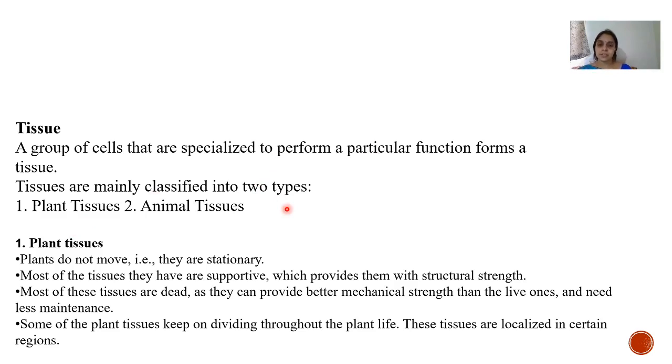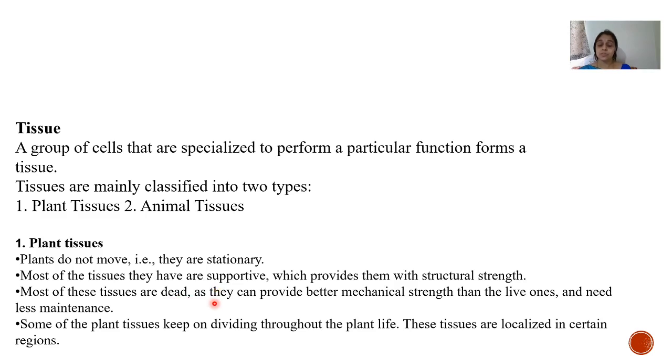First, let us discuss plant tissue. Coming to plant tissue, the plants do not move. You know that they are stationary. And most of the tissues they have are supportive in nature, meaning they provide mechanical support, the strength. And most of the tissues are dead.